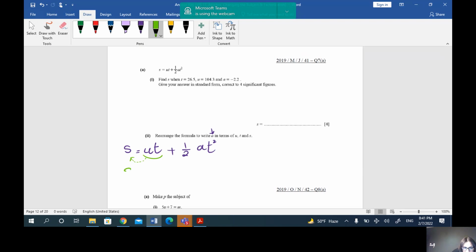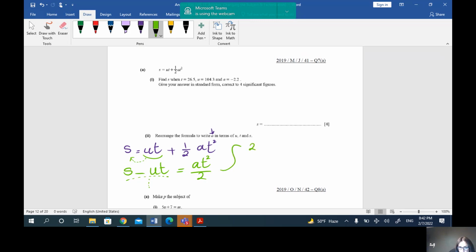So it will be S minus U T is equal to, this one can be written as A T squared over 2. Half times this, it will be written this way. And this one is over 1. When you cross multiply, it will be 2.